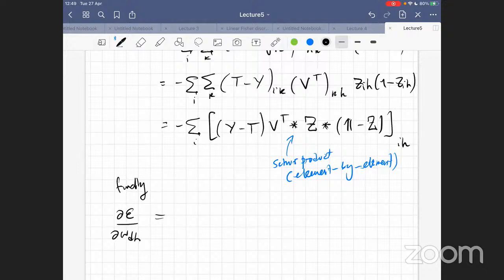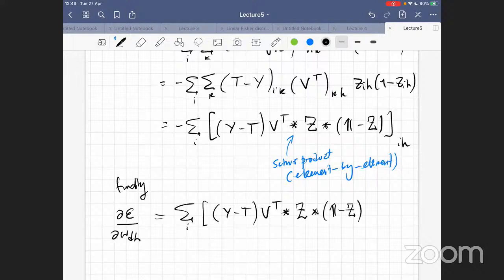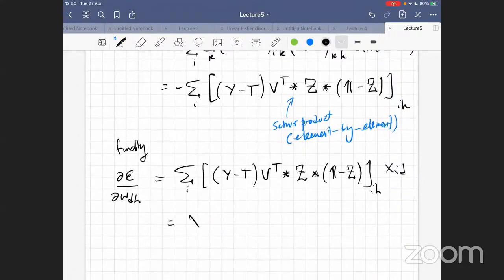When you do something very similar to what I did with the intercept, you get this: y minus t, V transpose, Schur product z, 1 minus z, I mean unity minus z_ih, but now multiplied, because this is the derivative with respect to the coefficients multiplying the input, and then of course you get the input here. So this can be written in this notation.